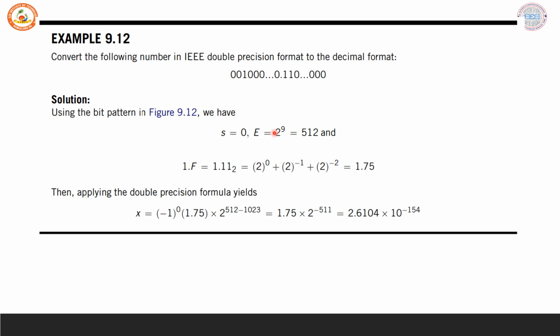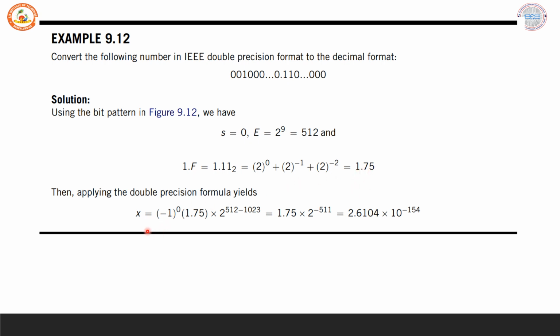As an example, we look at a number in IEEE double precision format, and this has to be converted to decimal. The conversion procedure would be the same as the previous. So the sign bit is the most significant bit, it is 0. The exponent, when we locate it, yields a value 2 to the power of 9. Equivalent of that is 512, and the fraction part here has the value 1, 1. So hence its equivalent is going to be 1.75.